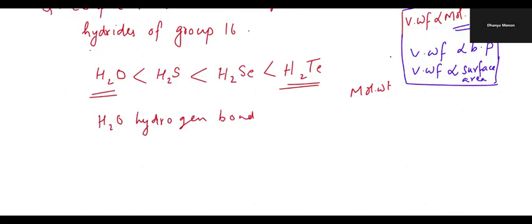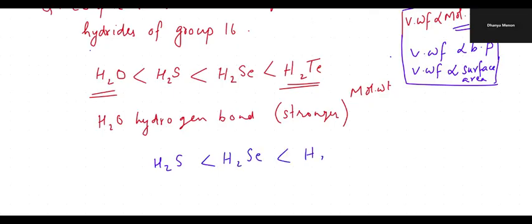So in this case also, we have a small discrepancy, and this hydrogen bond is stronger compared to van der Waals force. So our order is H2S, the other order is the same, no issues in there, then H2Te, less than water.